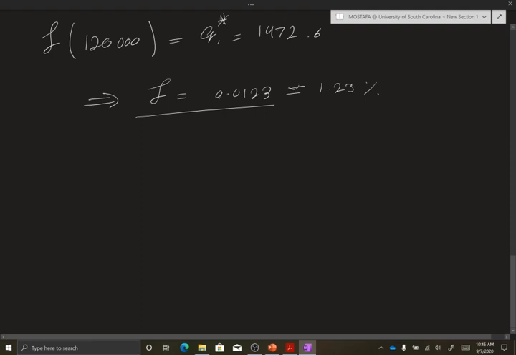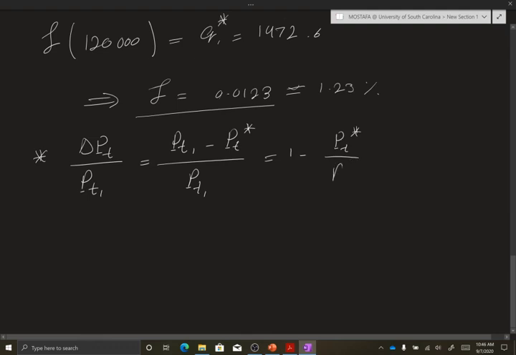To find the total pressure loss, we essentially are looking to find the delta P of total pressures over PT1, which essentially means that we are looking at PT1 minus PT star over PT1, which is equal to 1 minus PT star over PT1.